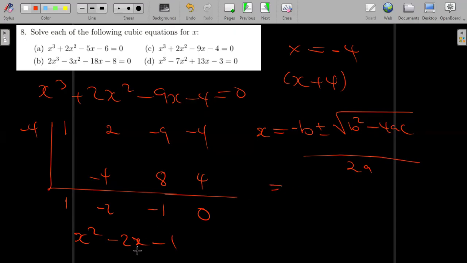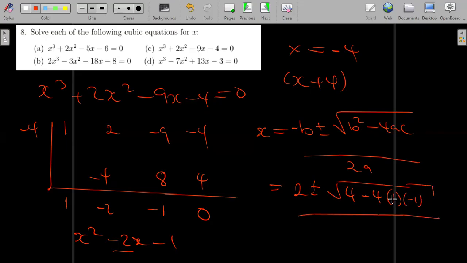My b is negative 2, so this becomes positive 2 plus minus then b squared. So negative 2 squared gives me 4. Then I have a negative, 4 multiplied by my a, which is 1, and my c, which is negative 1. So this gives me positive 4, which is 4 plus 4, which is going to be 8. There, 2 down, then 1. So I just remain with 2 here.